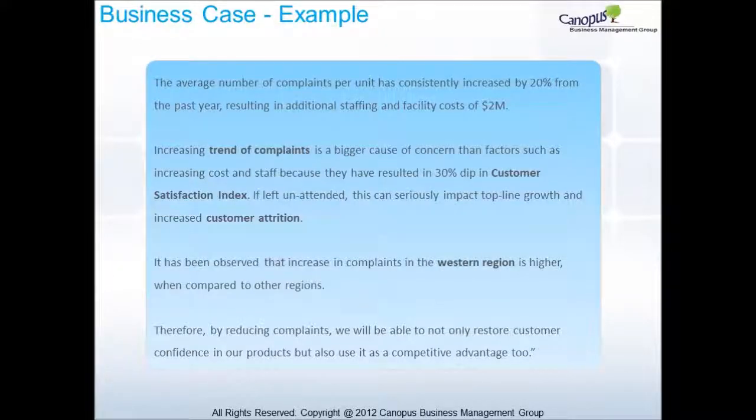Please read this business case example. The average number of complaints has consistently increased by 20% in the past year, resulting in extra costs. The company wants to do a project to find and reduce the number of complaints to a minimum.